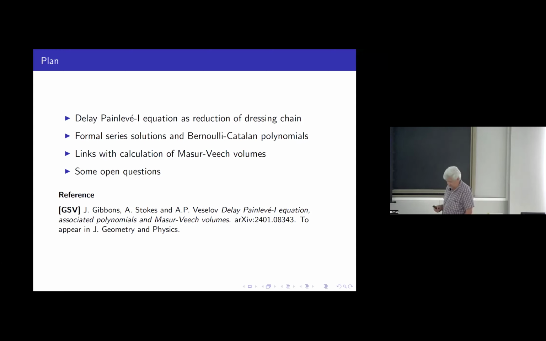I visited John Gibbons at Imperial College, and we discussed the dressing chain, which was proposed by Shabat with a view to apply it to spectral theory. There was a quite natural variation, one of the closures, which I will explain. We spent some time with John trying to find a solution of this equation without much success.